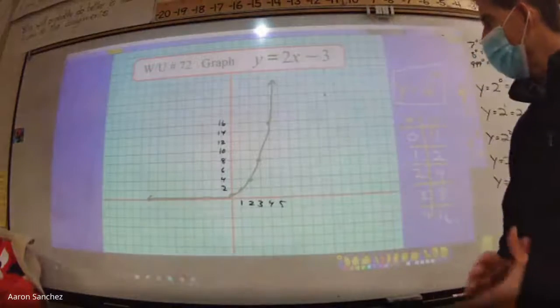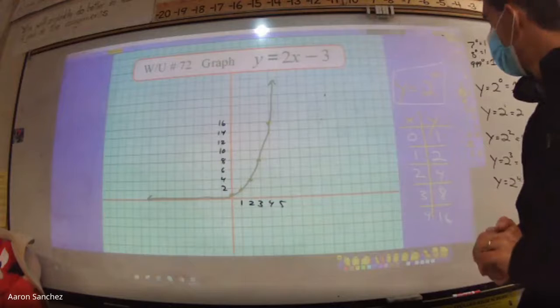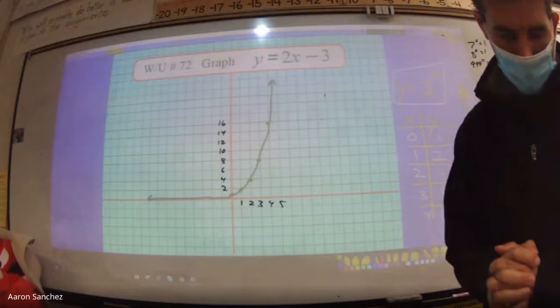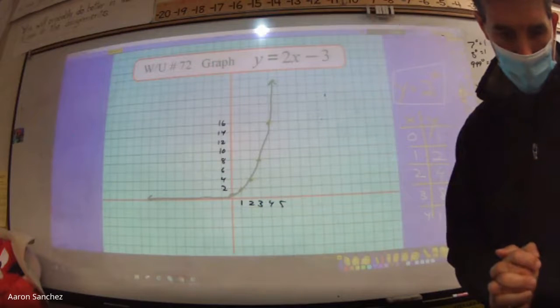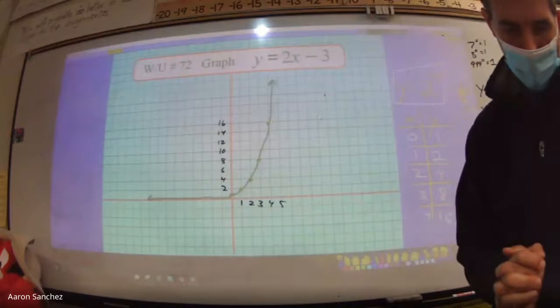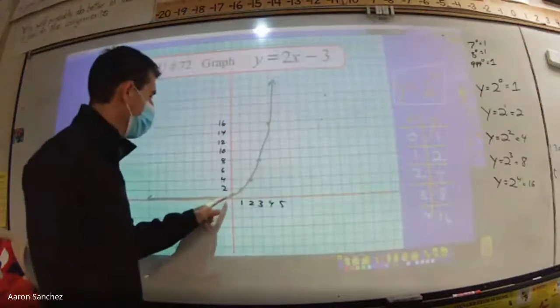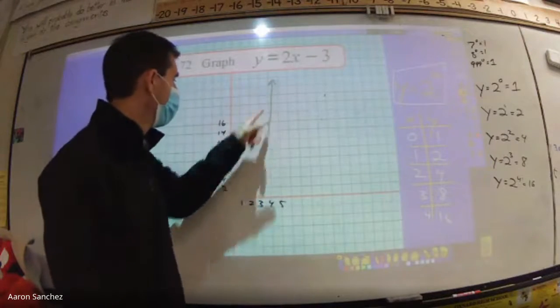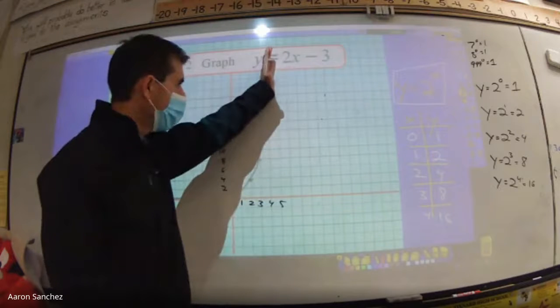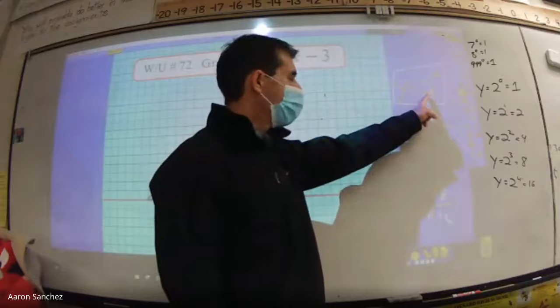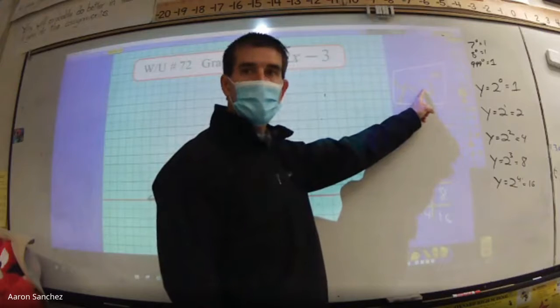Now, a couple things here. Notice it shoots up. This is going up really fast. If this number is a whole number, it goes up.